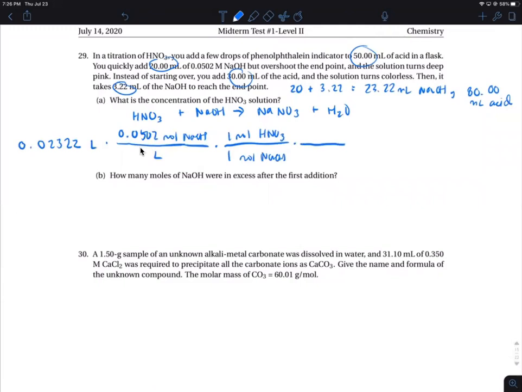So then we have moles HNO3, so let's first find that. It's going to give us 0.0011656 moles HNO3.